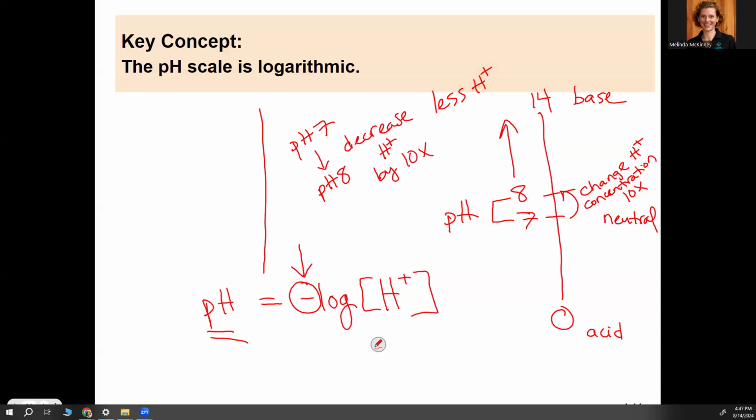If you went from pH 7 to pH 9, it would be 100. And it would be a 100 times decrease in hydrogen ion concentration.